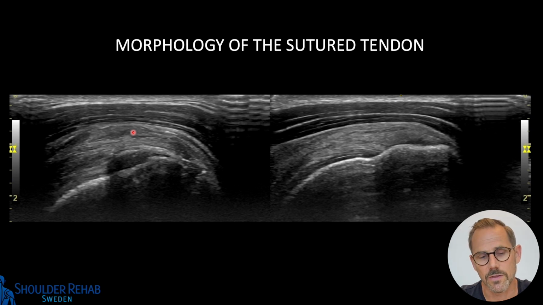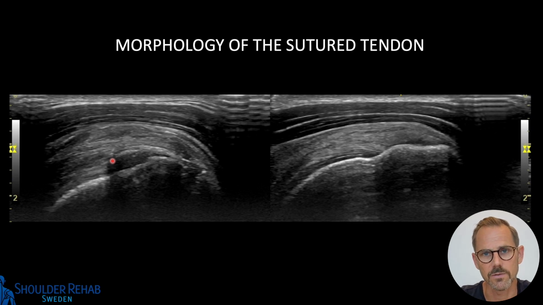And this is usually the case, that this thickened bursal tissue stays over time. So even if it's 1 year, 2 years afterwards, usually you have a thickened bursa. And that can of course make it more tricky for us when we assess the question: is there a retear?